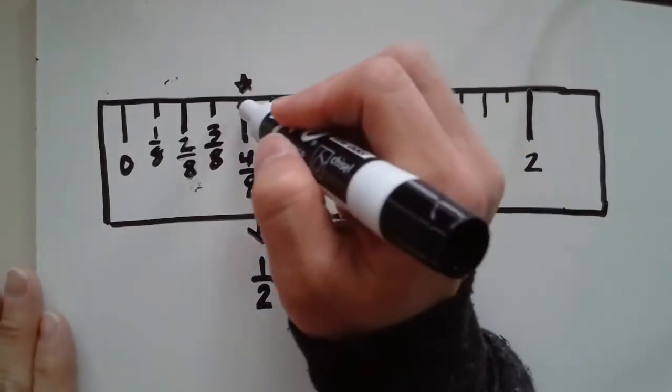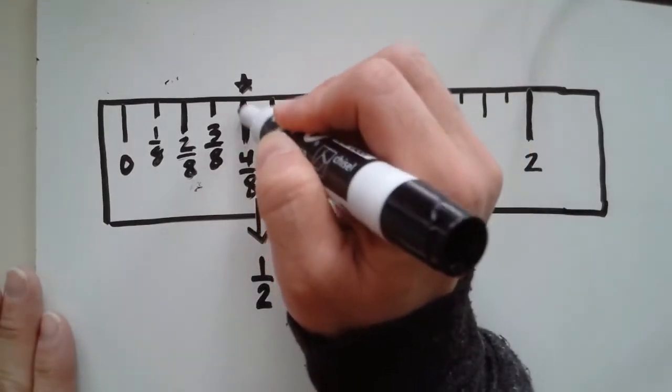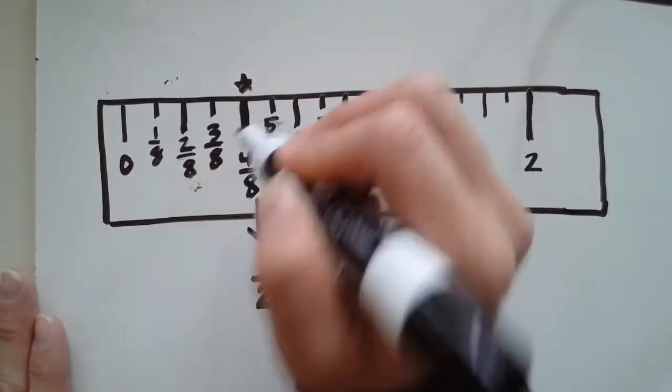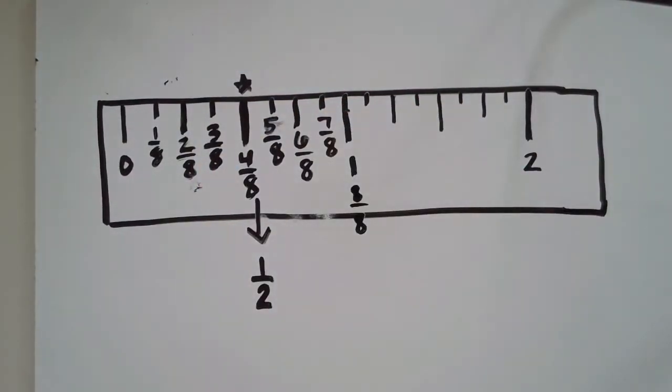So this mark right here, that's why this line is longer than these other ones, because it's like a benchmark number. You'll often hear people saying, you know, that's about 1.5 inches, or that's about 3.5 inches.